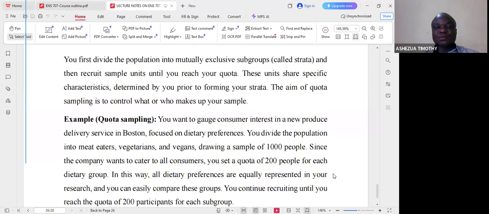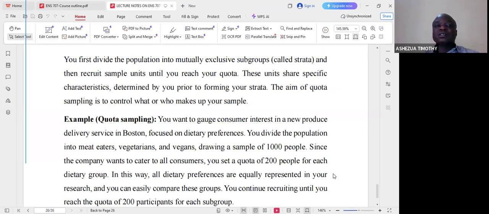So as an example, you want to gauge consumer interest in a new produce delivery service in Boston. Focus on dietary preference. You divide the population into meat eaters, vegetarians, and vegans, drawing a sample of 1,000 people.